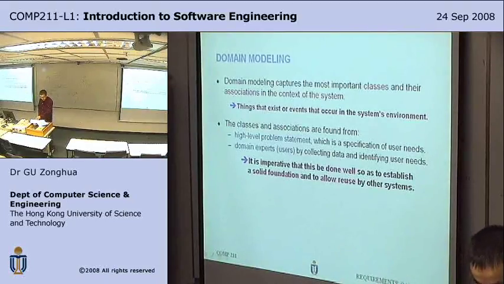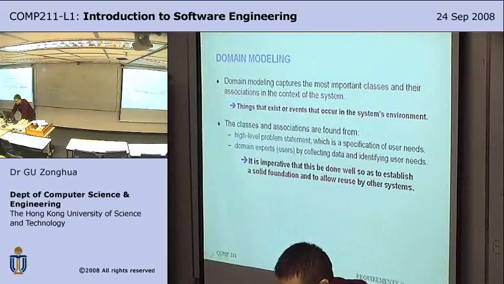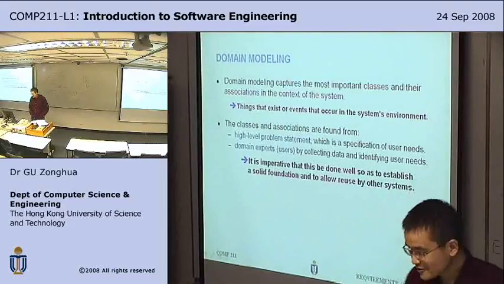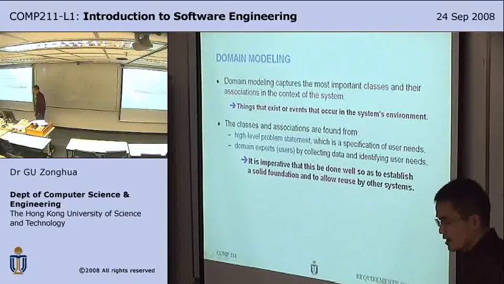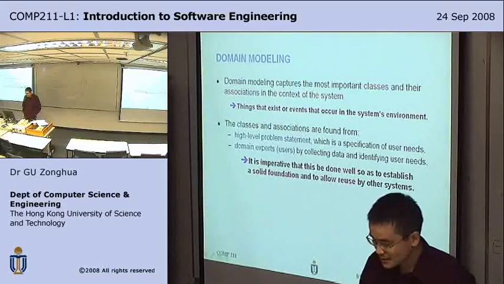That is, for example, the document I gave you as your course project. That's a problem statement, which is the specification of the user's needs, written by domain experts and users, by collecting data and identifying user needs.